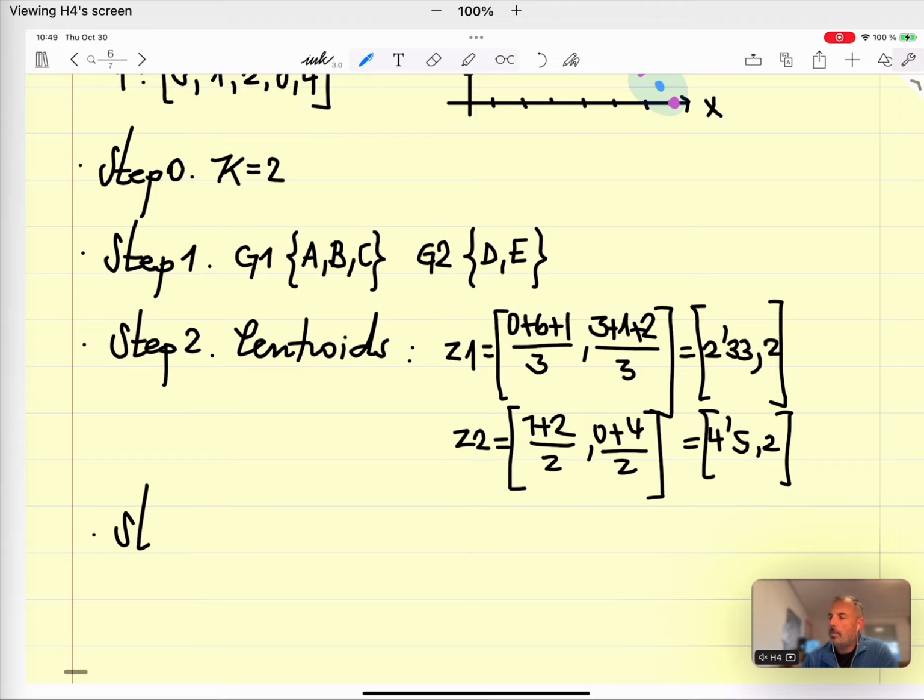Now the next step, distances. Okay, so we want to calculate the distances.